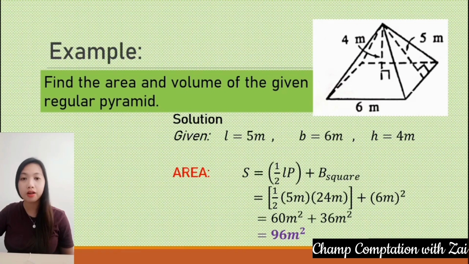To find the area, let us use the formula for the total area: 1/2 LP plus the area of the base, or the area of the square.